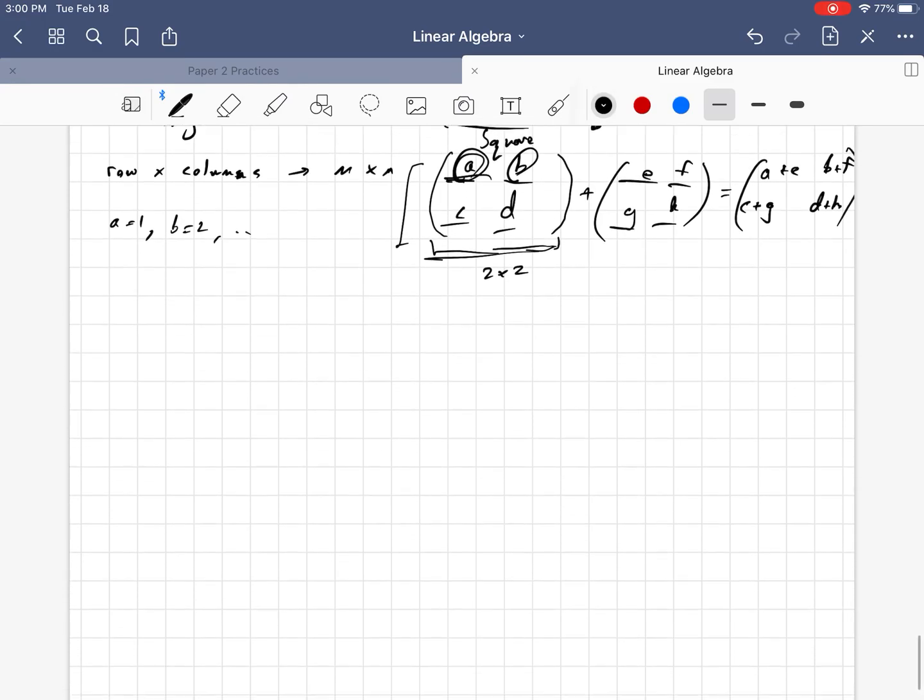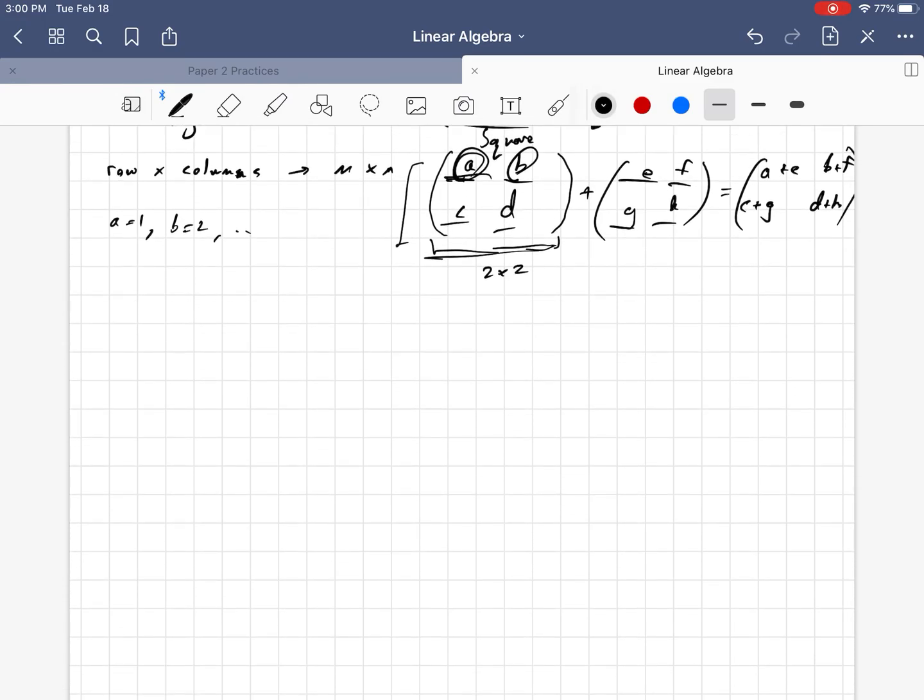But in linear algebra, we define a vector to be an n by 1 or 1 by n matrix. So, for example, this matrix, 1, 2, is a vector. We could also write it as a row, 1, 2. It doesn't matter which way. I prefer this way.